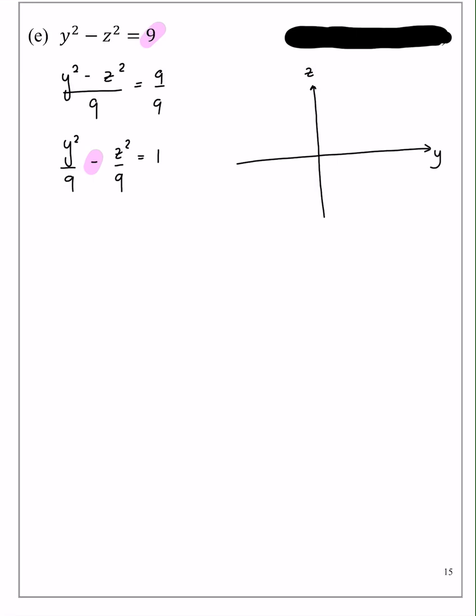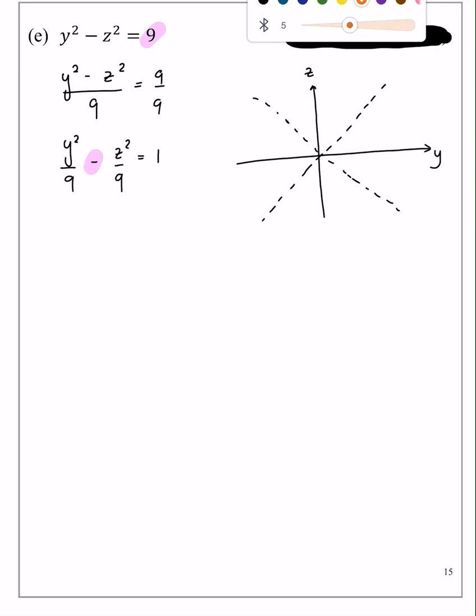It's y minus the z, so in this case it is horizontal, on the y axis. You need to look back at the standard equation for the hyperbola.